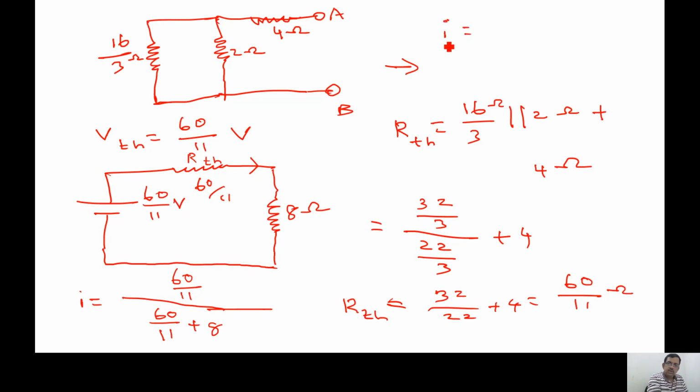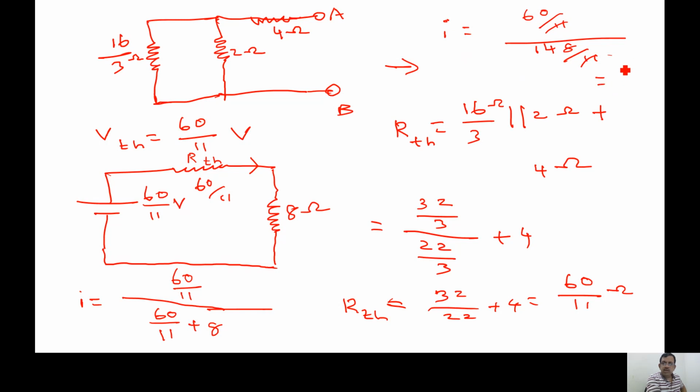that flows through this resistor will be 60 by 11 plus, if I sum it up, it becomes 88. So 148 by 11. Simplify further, you will get 60 by 148.